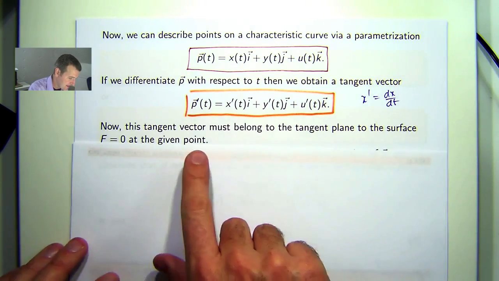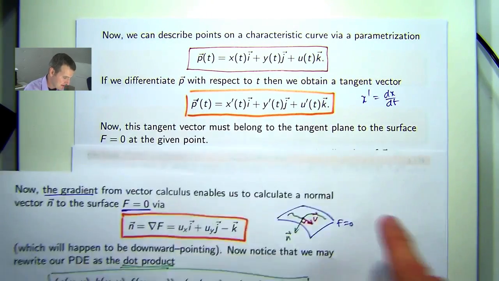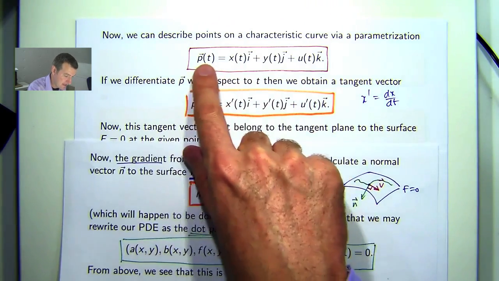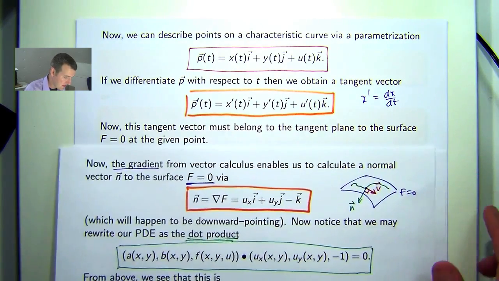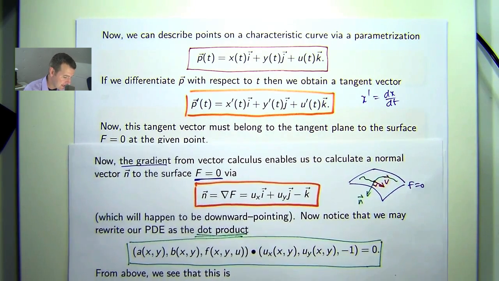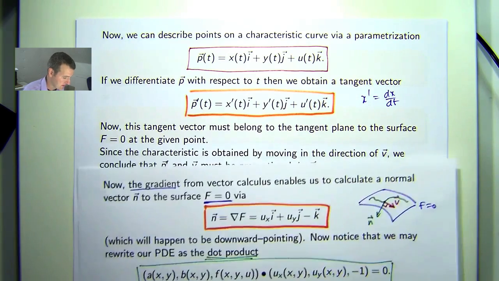Now, because this curve lies in the surface big F equals 0, and this vector is a tangent vector to the curve, we know that the tangent vector must also lie in the tangent plane to the surface big F equals 0 at the given point.